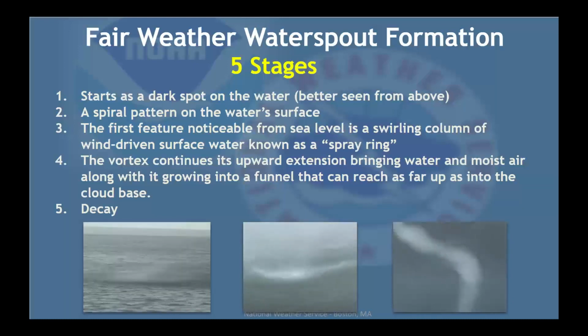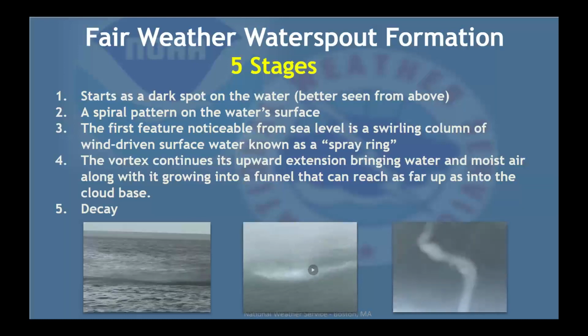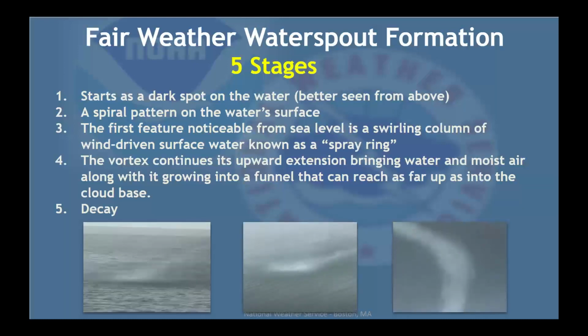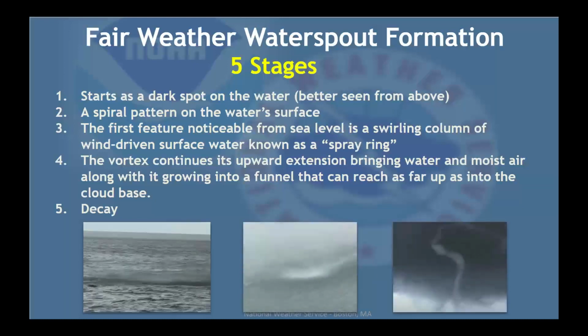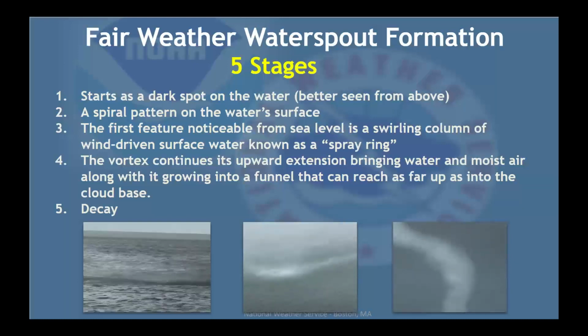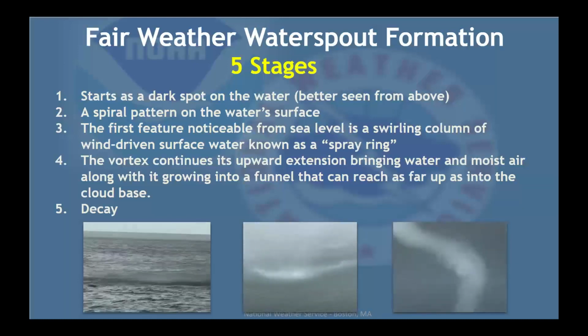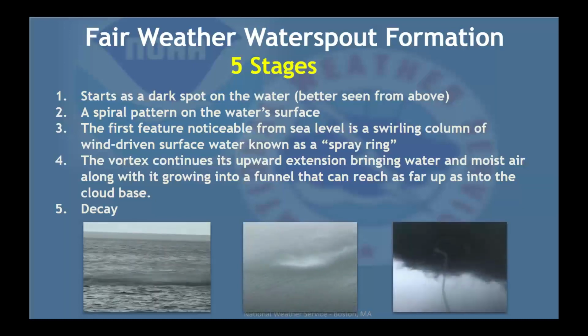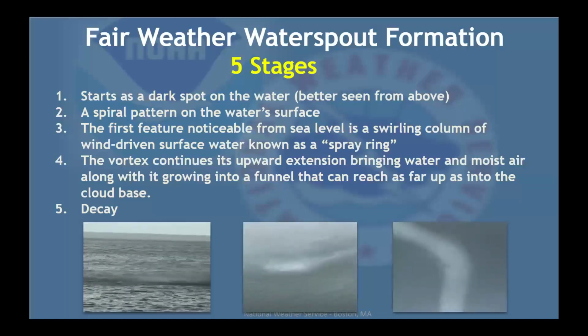So once you start to see the spray ring, then it's starting to grow in earnest, and the vortex will continue to grow upward, bringing water and moist air along with it, and growing eventually into a funnel that can reach far up into the cloud base. And then once that happens, like I said before, once the funnel is visible, it's already into the mature stage. So it's at maturity right then. And then the last stage is decay, and it'll eventually just fade away.